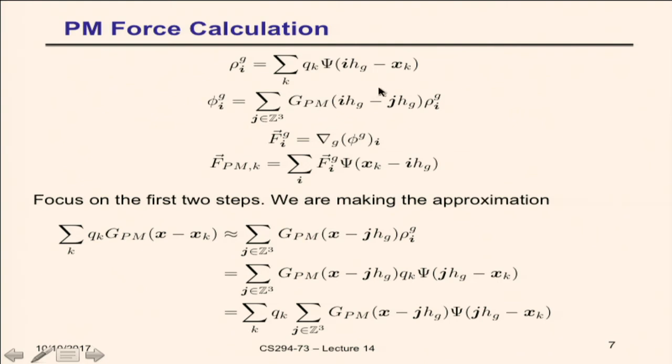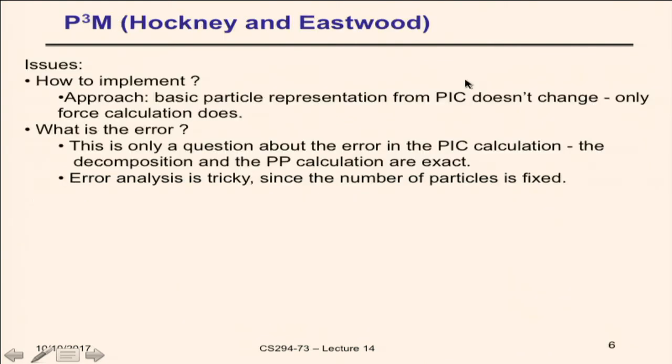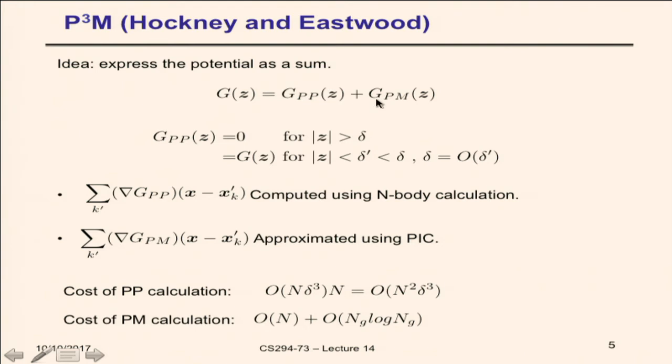But here, we could have had any force field that's written as a two-body convolution and applied this. So we could have applied this, for example, to Lennard-Jones, and it would have made perfectly good sense.